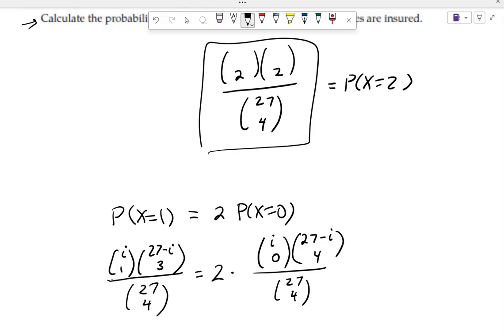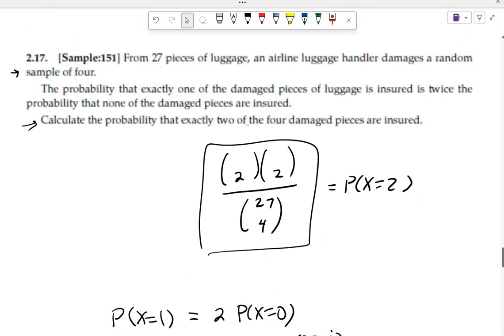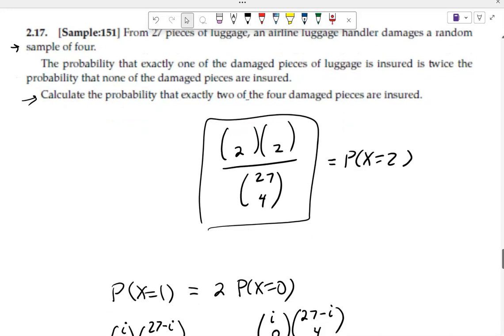Why is the 2 not on the other side? It says the probability that it's equal to 1 is twice the probability that it's none. Isn't that what it says? Let's double check and make sure that's what it actually says. Probability that exactly 1 piece of luggage is damaged is twice the probability that none are.